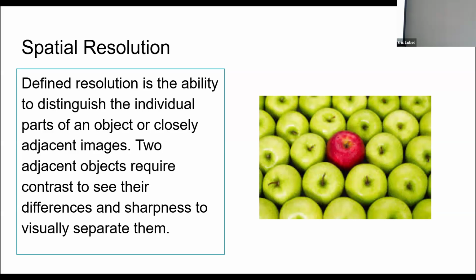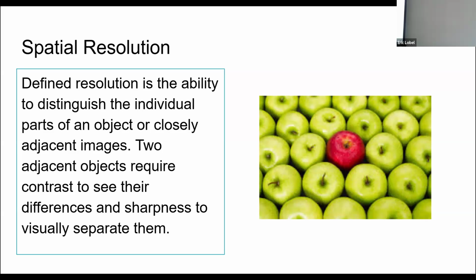I usually talk about an analogy of being on the beach. Today's not quite beach weather yet. I think the water's really cold. You might be able to walk on the beach, but don't go swimming. If you grab some sand, though, and you're able to count the grains of sand and see where one begins and one ends, that's spatial resolution, right?